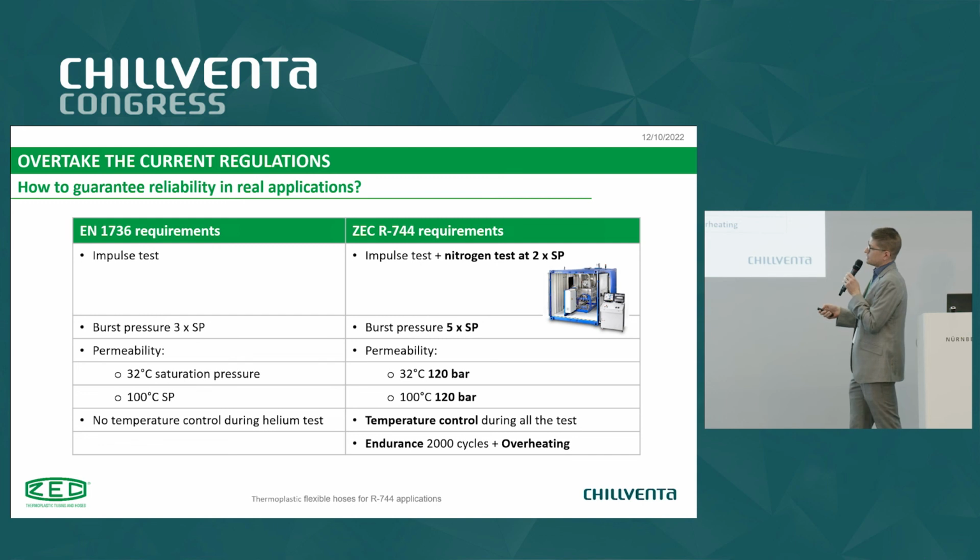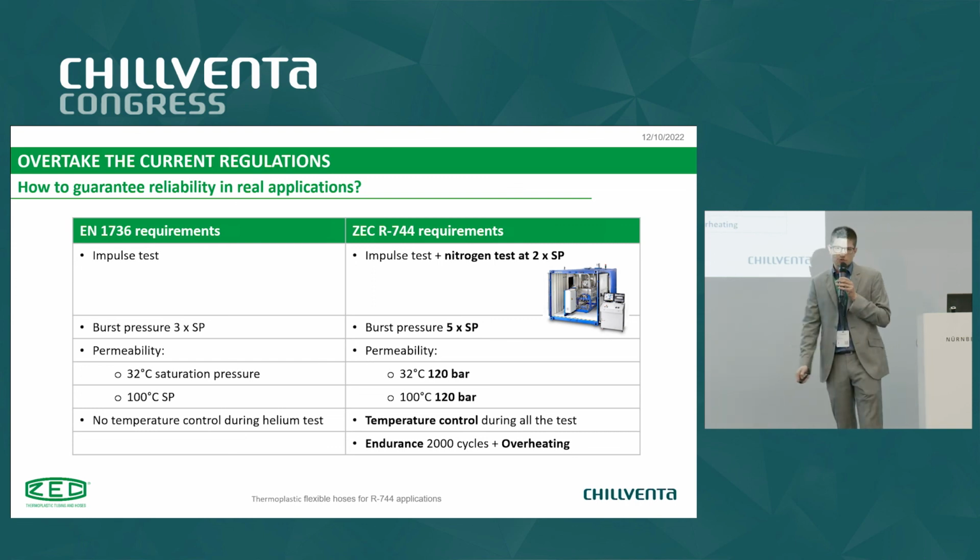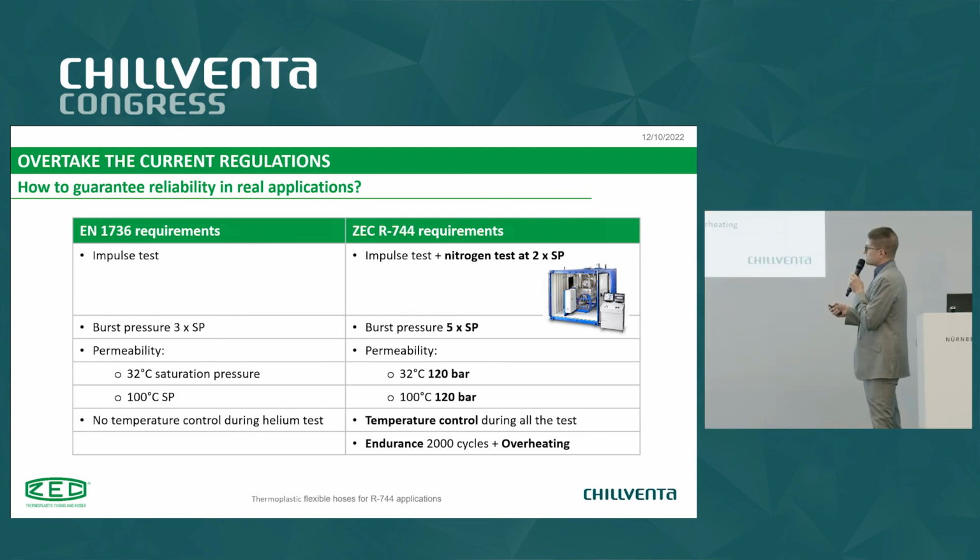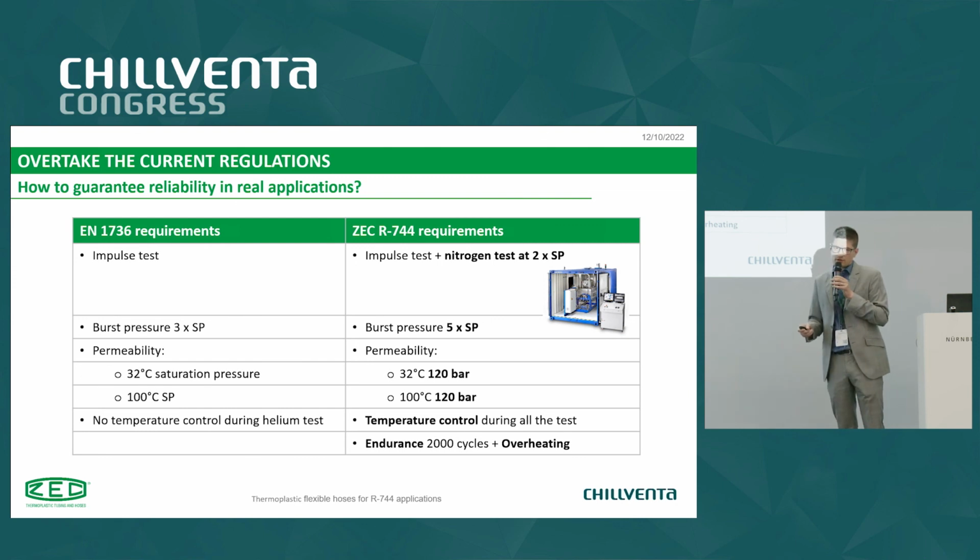Then, as I previously said, the burst pressure goes from 3 times the safety ratio to 5 times the safety ratio. The permeability is said to be measured at 32 degrees in saturation pressure, but CO2 does not have any saturation pressure at 32 degrees. We decided to slightly change the condition in such a way to test our product in the worst condition.